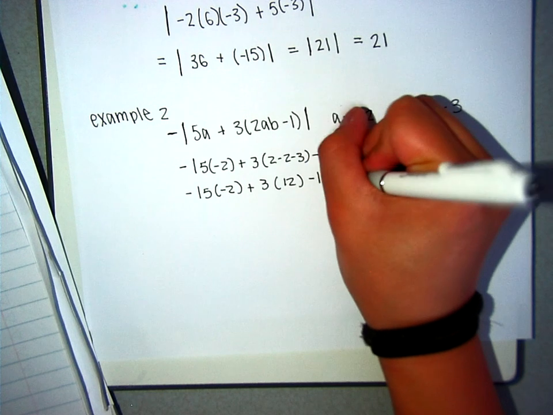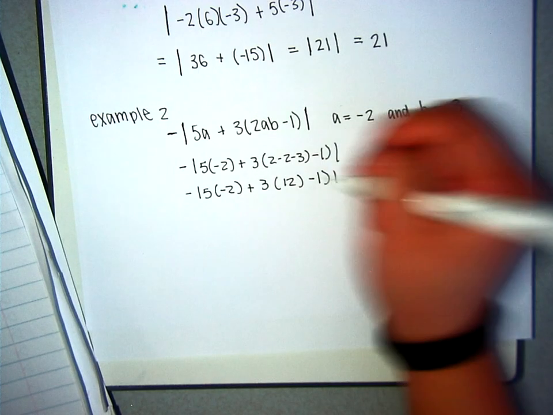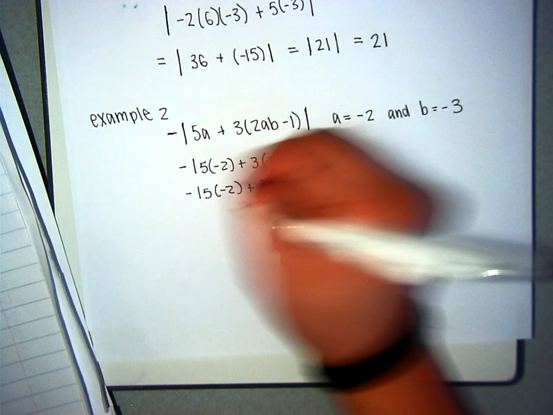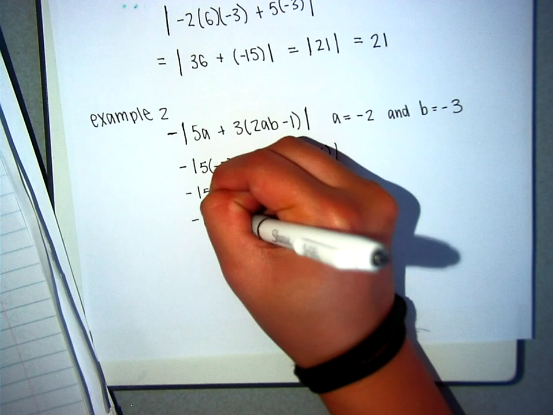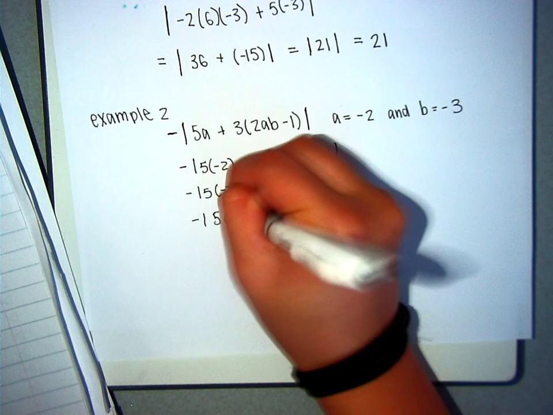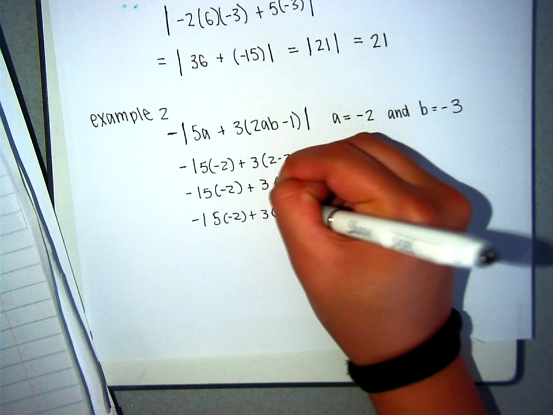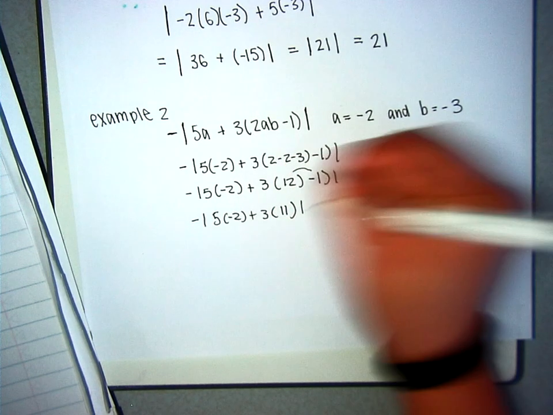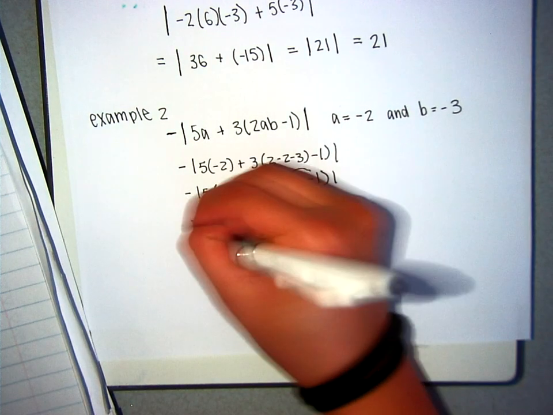Good job. And then positive 12 minus 1 is 11. And then 3 times 11 is 33.